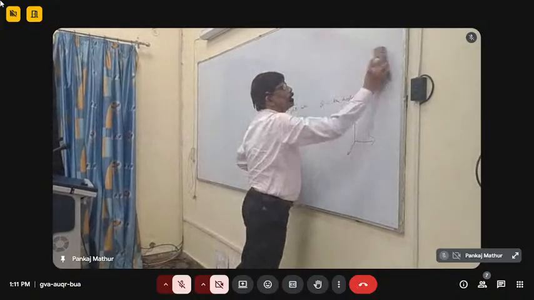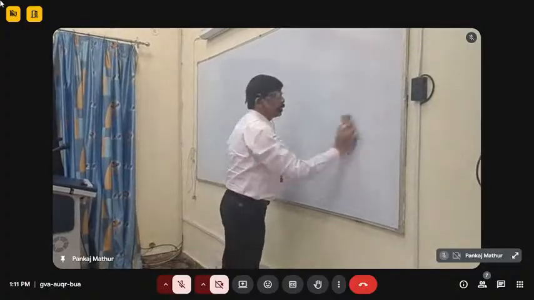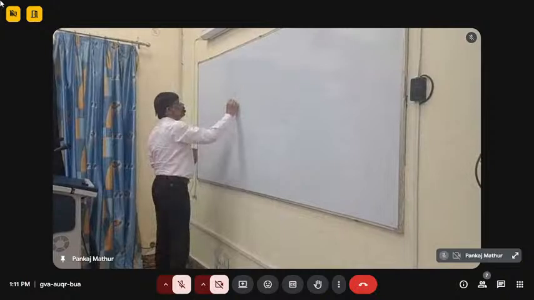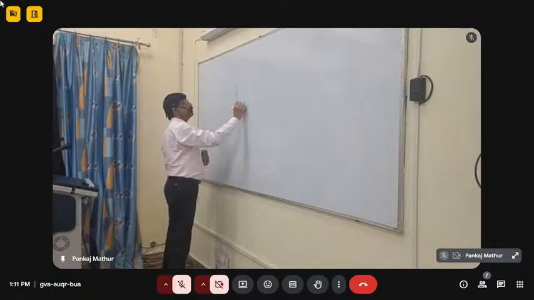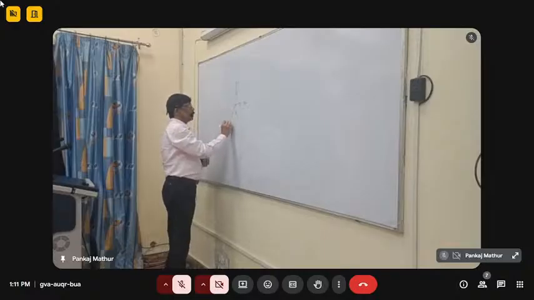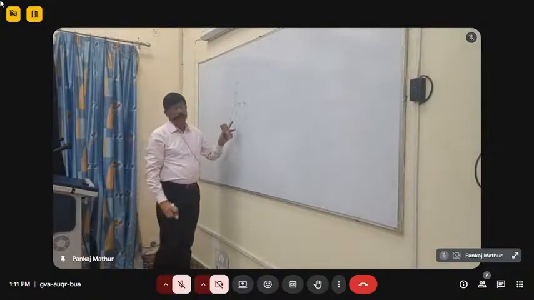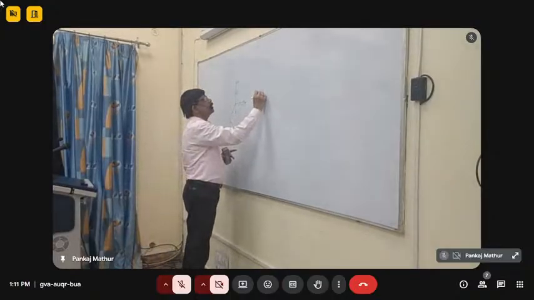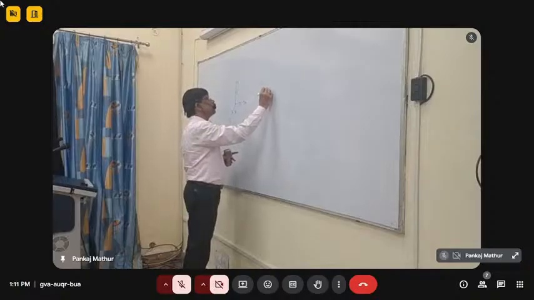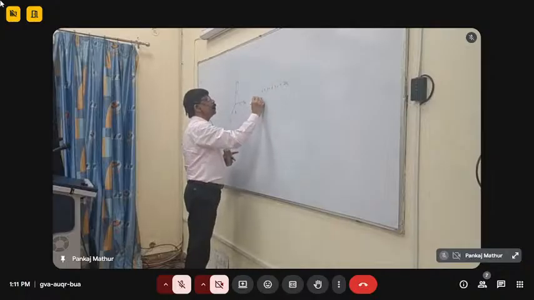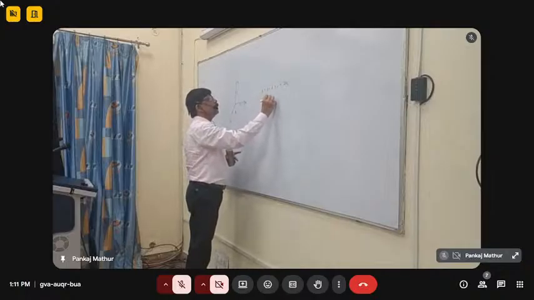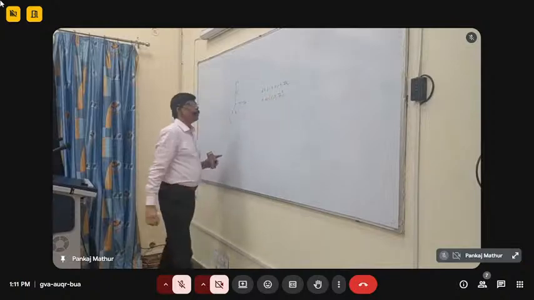If we consider three-dimensional Euclidean space, we take three unit vectors i, j, k along the x-axis, y-axis, z-axis. Then we can write any vector as a linear combination xi plus yj plus zk if the coordinates of the vector AB are x, y, z.